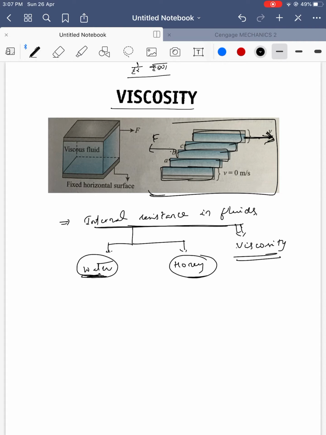Now, as we discussed earlier, what is the force? Can you explain the force formula? The force is proportional to the area of contact.